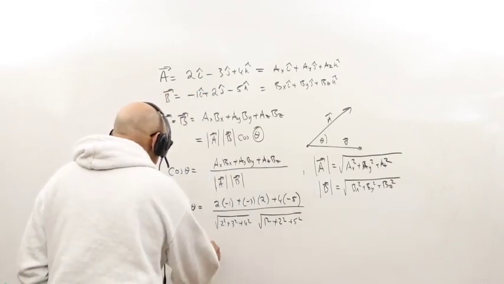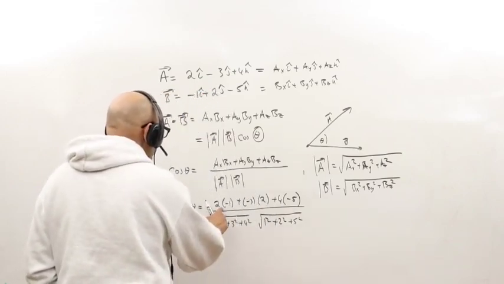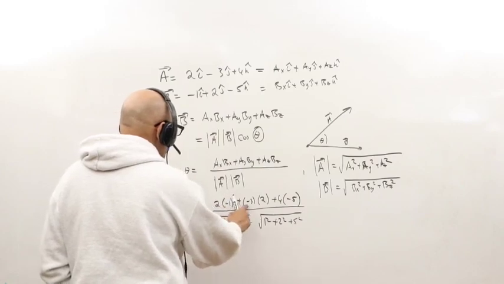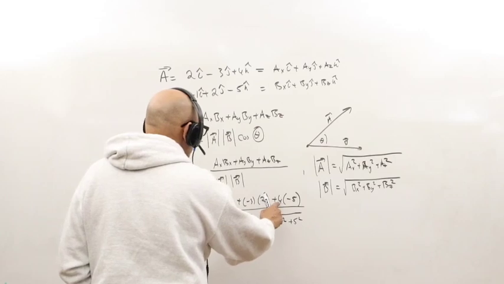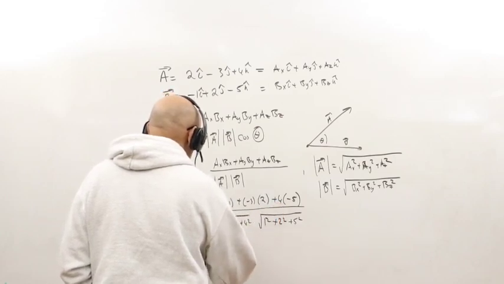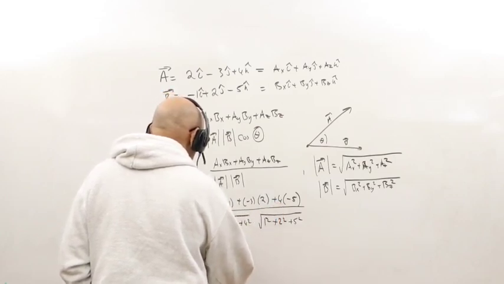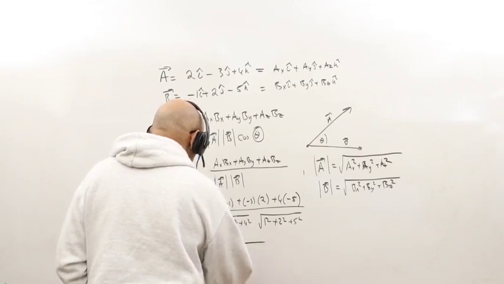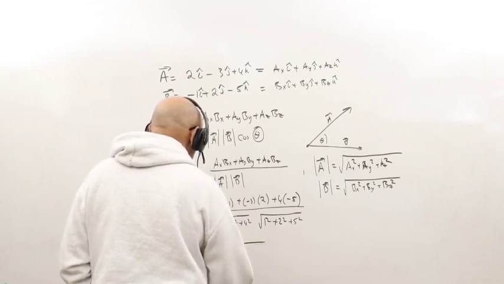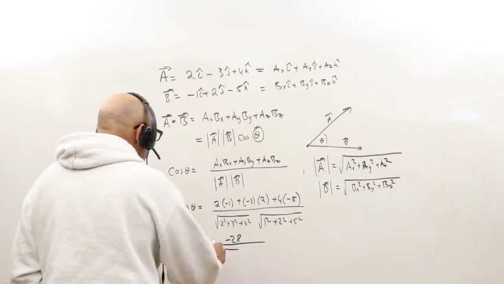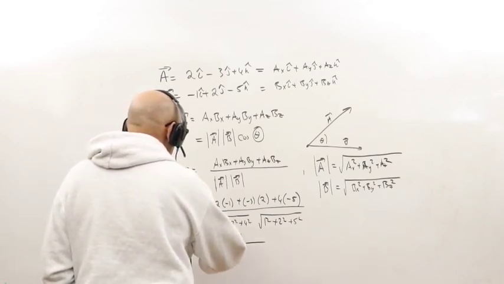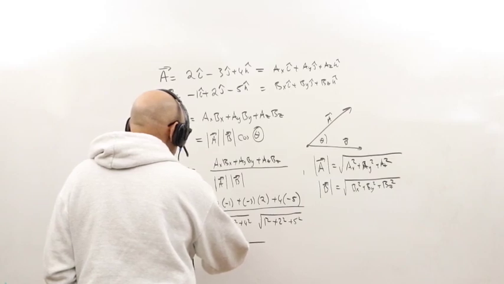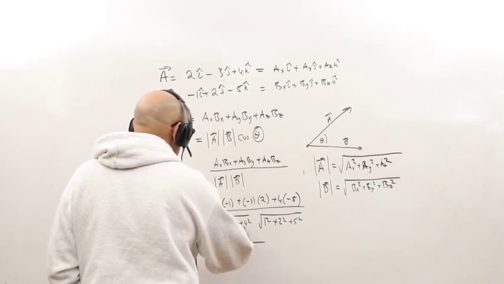So we can calculate this number to be 2 times 1 is negative 2, negative 3 times 2 is negative 6, negative 2 minus 6 is negative 8, negative 8 minus 20 is negative 28. Two squared plus 3 squared: 2 squared is 4, 4 plus 9 is 13, 13 plus 16 is 29.